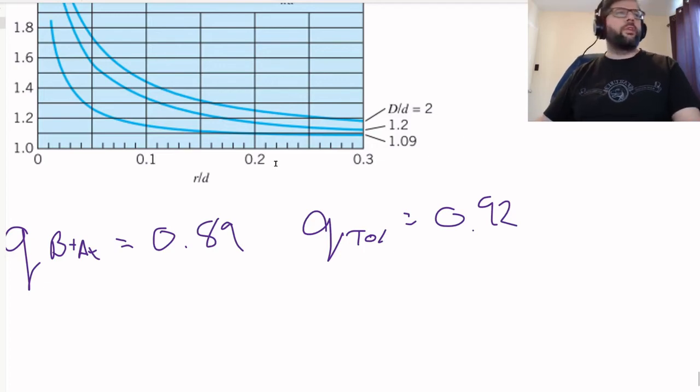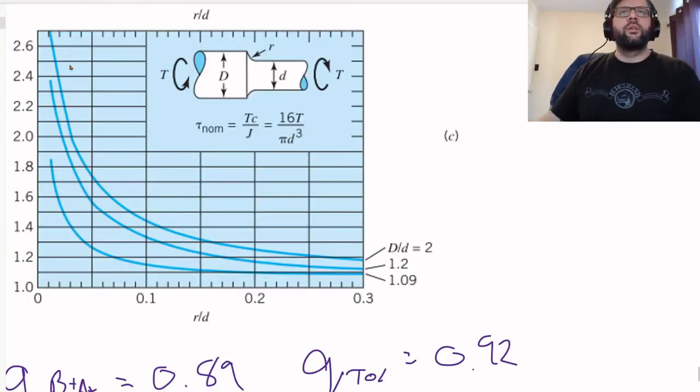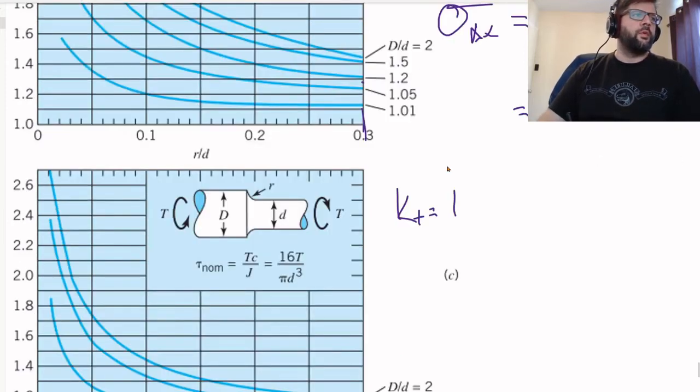Let's just say 1.12. I think that's reasonable. So KT is equal to 1.12.